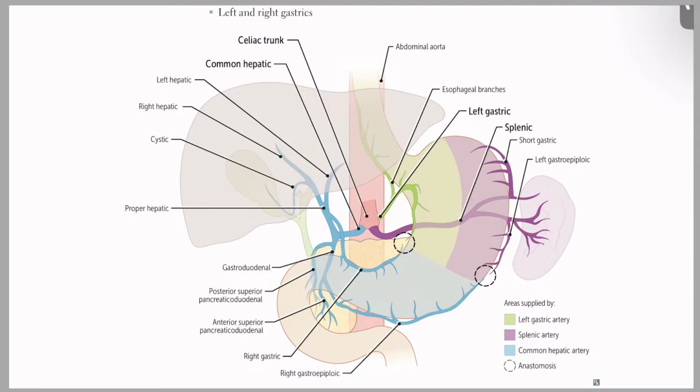Celiac artery also gives left gastric, splenic, short gastric, and gastroepiploic.